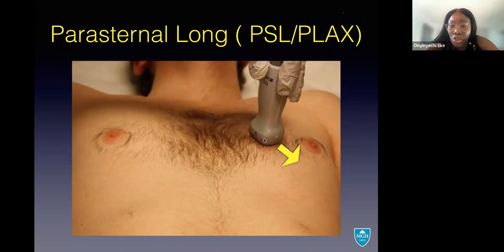Now, for the position, we want to go in that 2nd to 4th parasternal space. For men, it's going to be around that 4th parasternal line. Something I like to tell learners is that you might not get it on the first view, but it's always good to remember that sometimes you can move the probe one rib space up or one rib space down.